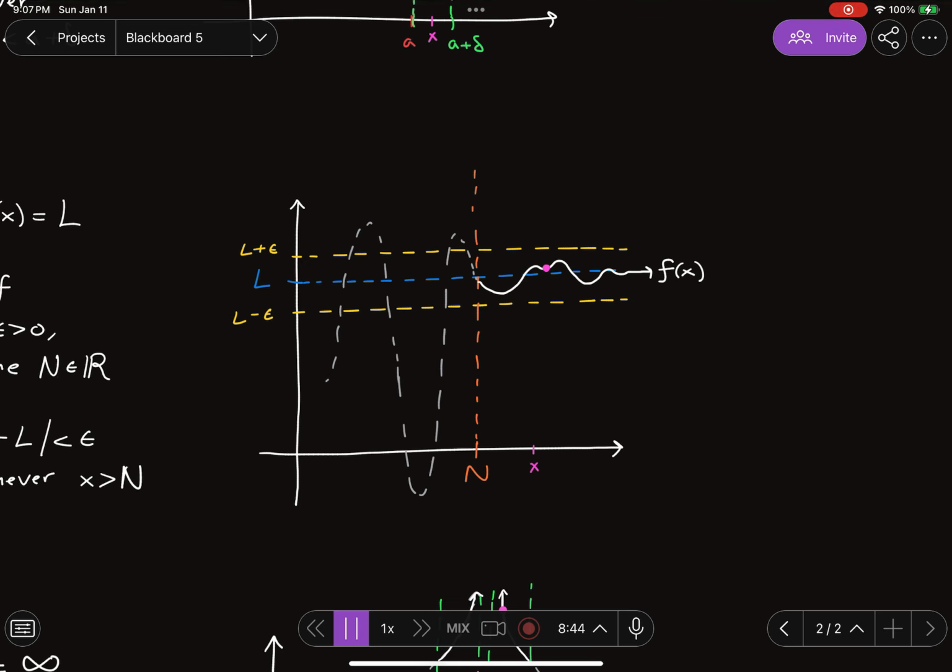If at some point, as we are walking down the x-axis, there is some cutoff point where no matter what epsilon you give me, the function is bounded between this epsilon strip for all x values past this big number n, then we can say that the limit of f of x as x increases without bound is equal to L.